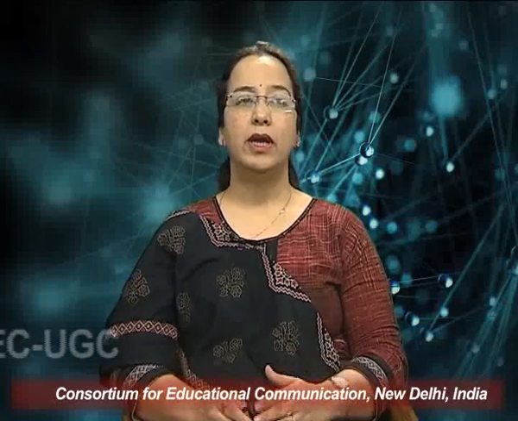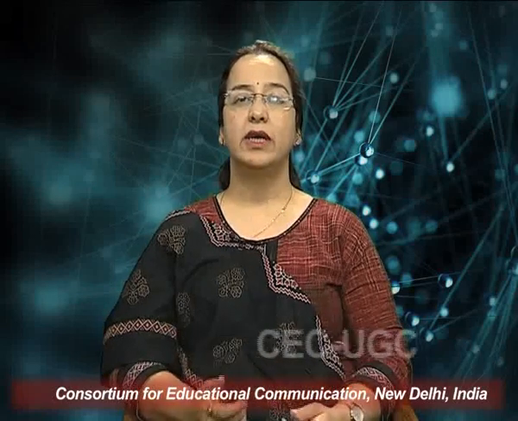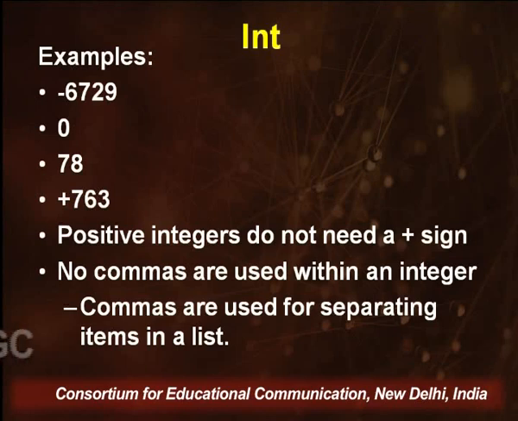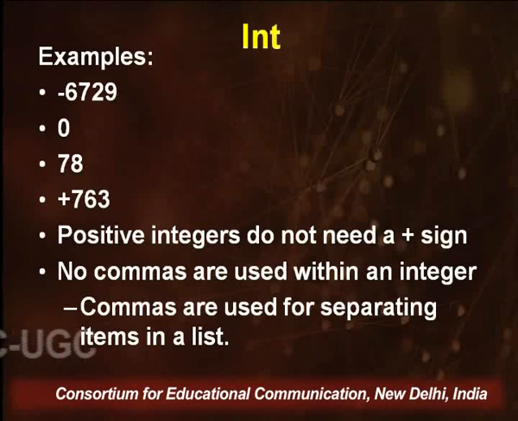Integral data types, when we see, the first thing is integer. Any example, it could be 0, 78 or minus 6729 or something of that sort, but positive integers do not need a plus sign, and no commas are to be used within an integer.